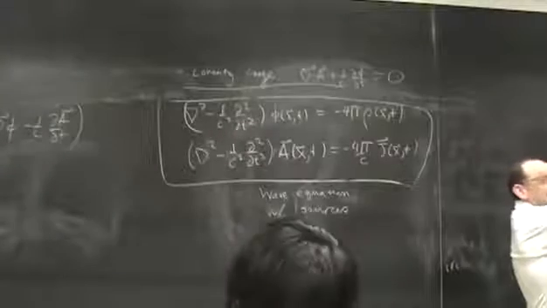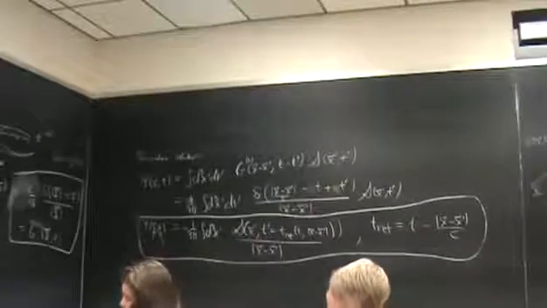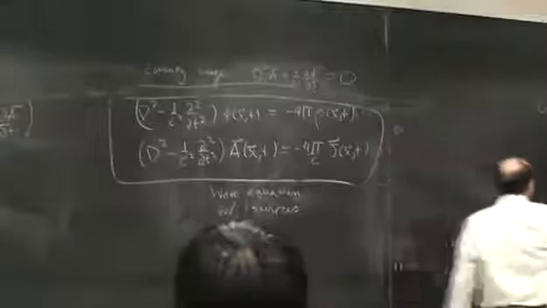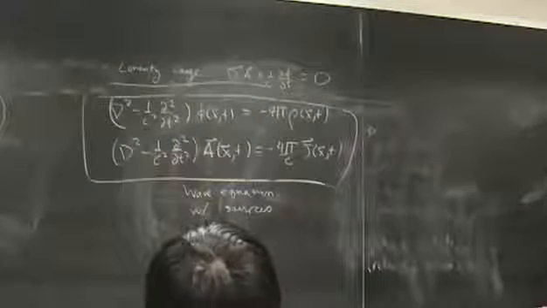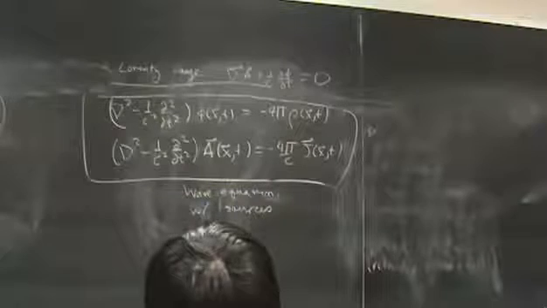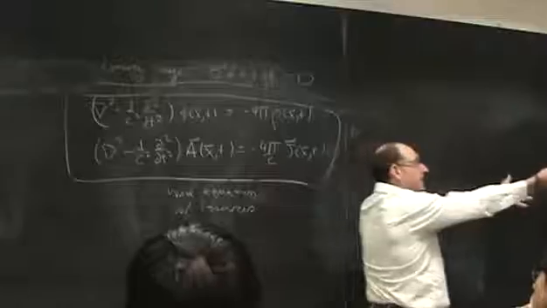And we just solved it. There it is, so we know the solution. We use the retarded Green's function because we're looking for causal solutions. We convolve that, and there it is.